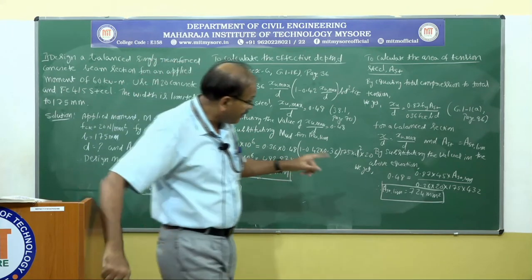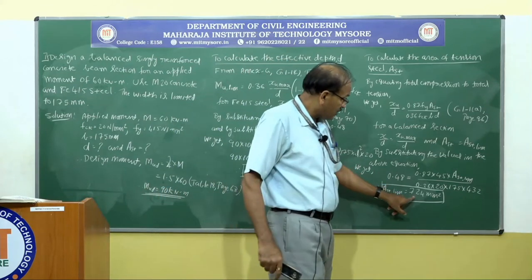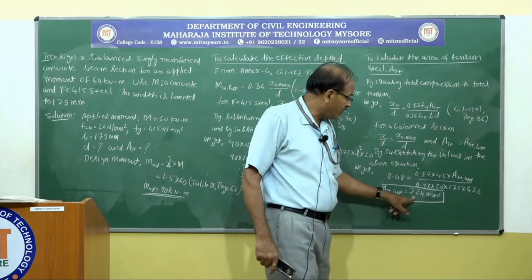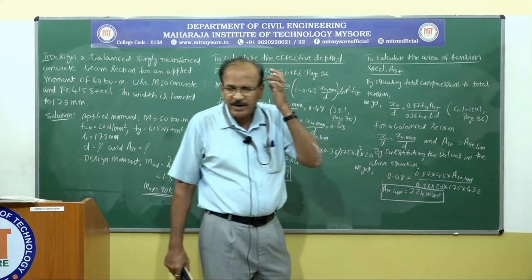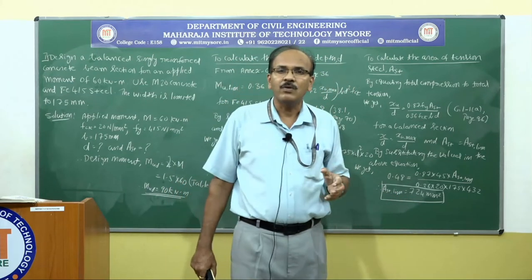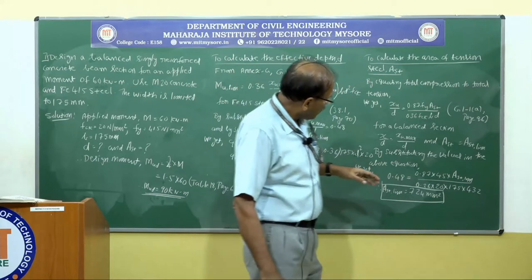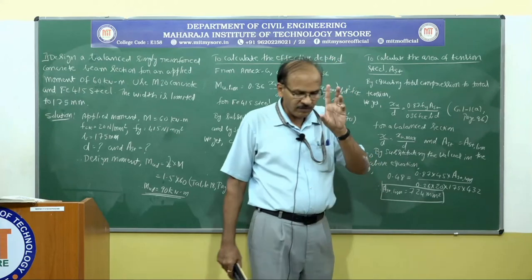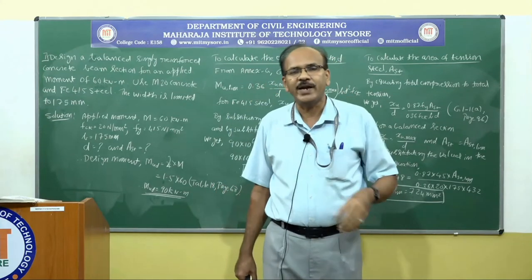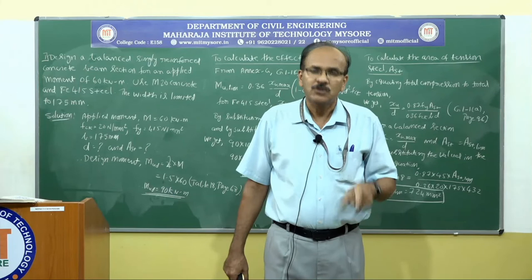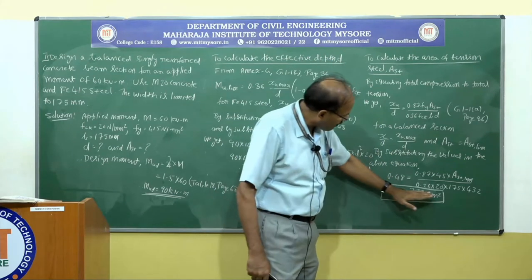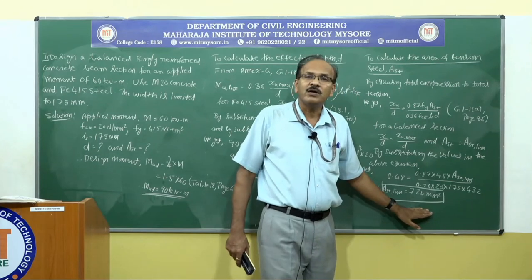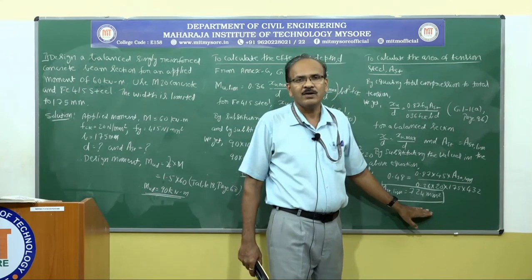Just to give an example, this is 724 millimeter square. Let me assume we are providing 16 millimeter dia bars. We need to find out how many bars we need. For that, we divide this value by the area of each bar, pi by 4, 16 square.